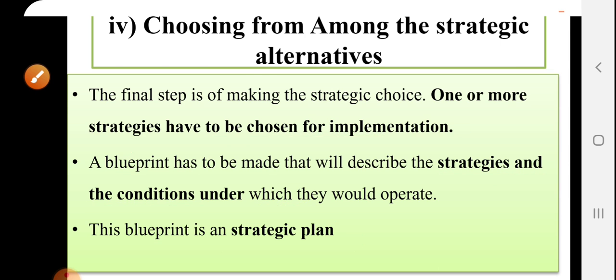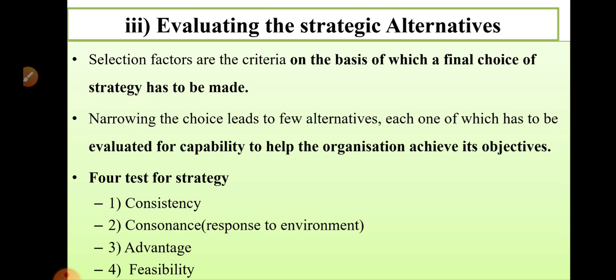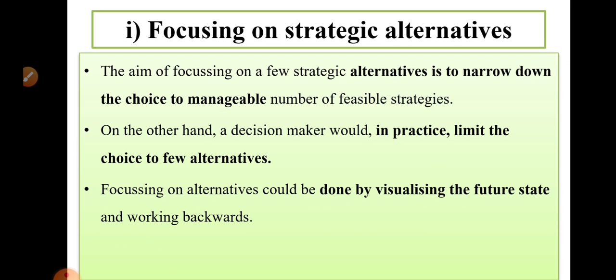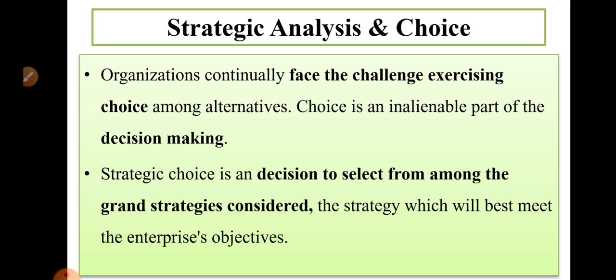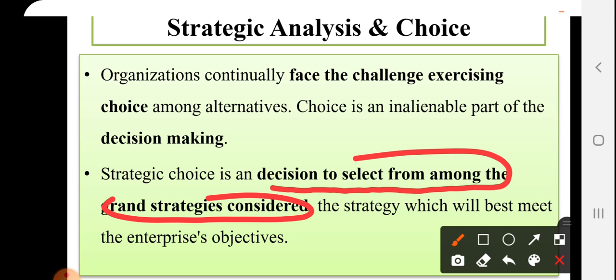Now, this is for today's session. What did we learn today? In today's session, we have seen what strategic choice is. Strategic choice is a decision process to select among the grand strategies, which will help to achieve the objectives of your organization.